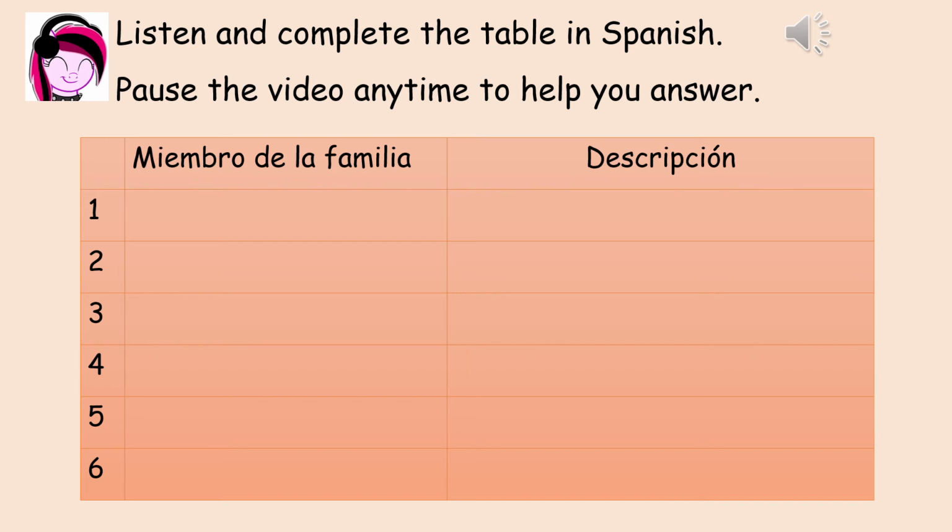4, Mi hermana mayor es pelirroja y tiene pecas. Tiene los ojos grises. 5, Mi hermana menor no es ni gorda ni delgada.